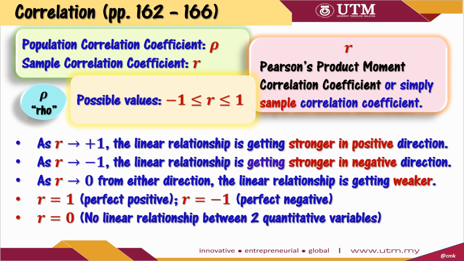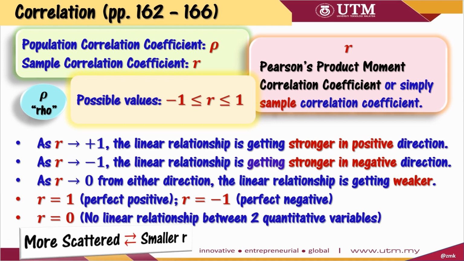If you compare plots of points on a scatter diagram, you can say that the wider or more scattered the plotted points are, the weaker the relationship is, or the closer the R value is to 0 from any direction. That is, R value becomes smaller.